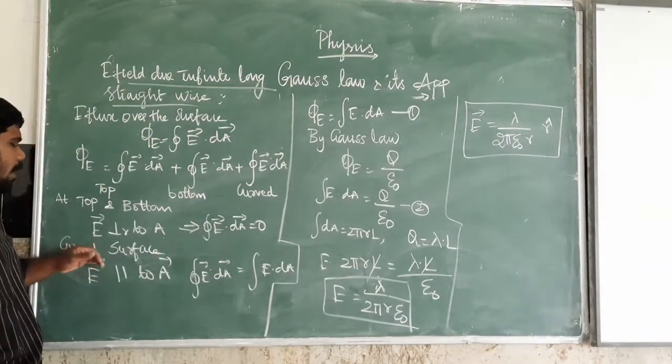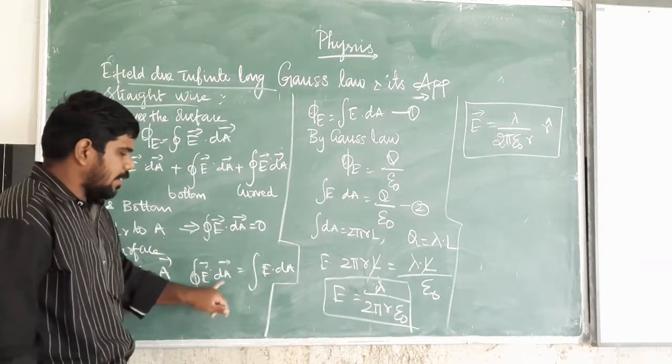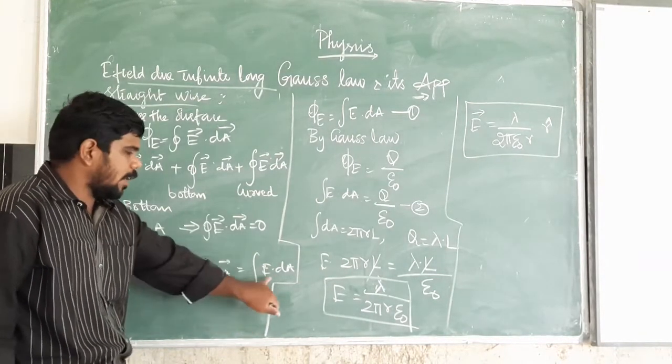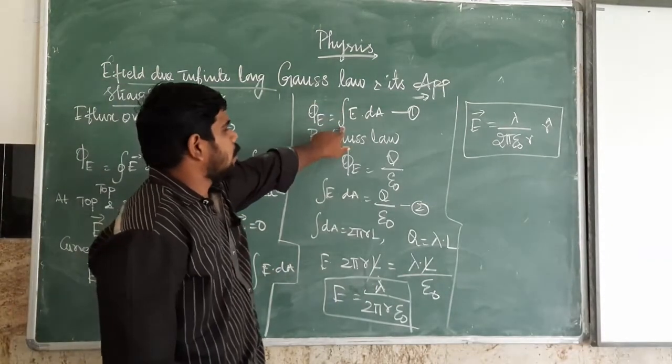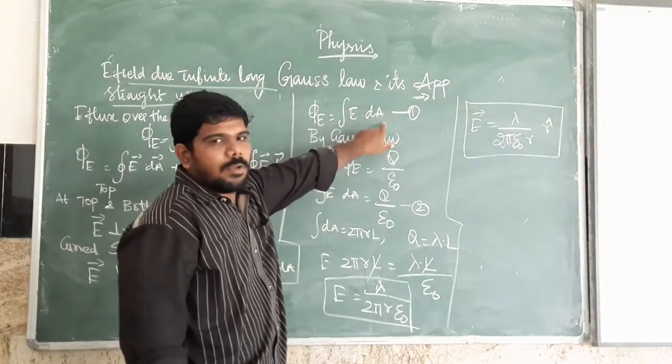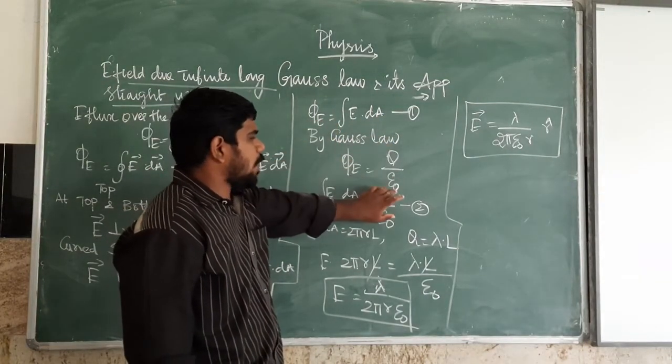So for the curved surface, the closed integral of E vector dot dA vector is equal to the curved integral of E dot dA. So phi of E is equal to the curved integral of E dot dA. By Gauss law, phi of E is equal to Q by epsilon 0.